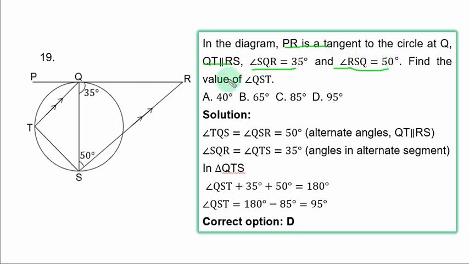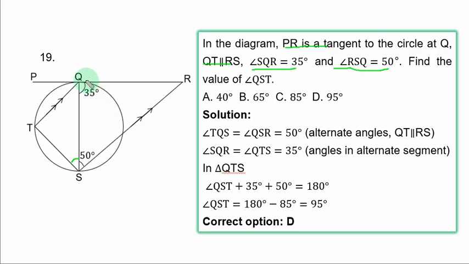Find the value of angle QST. QST. That is this angle, that is QST. So let's see what happened there. Solution: you are asked to find the value of QST.